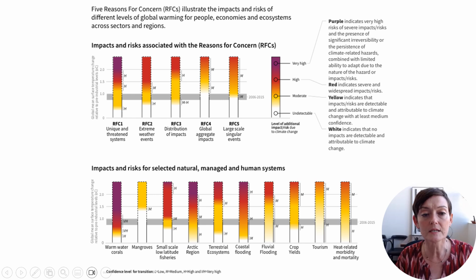So as you can see from this slide, there are a whole variety of potential outcomes and reasons for concern in terms of both what people will experience, what our economies will experience, what our ecosystems will experience across the globe. So pause this for a second and take a minute to read these graphs closely.